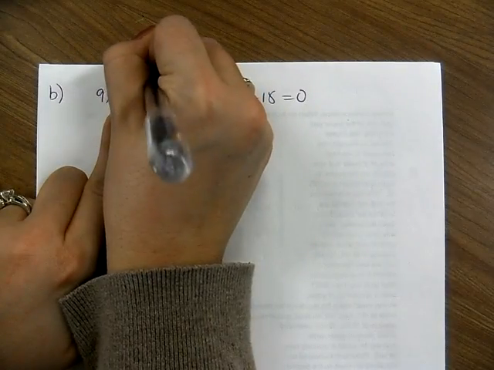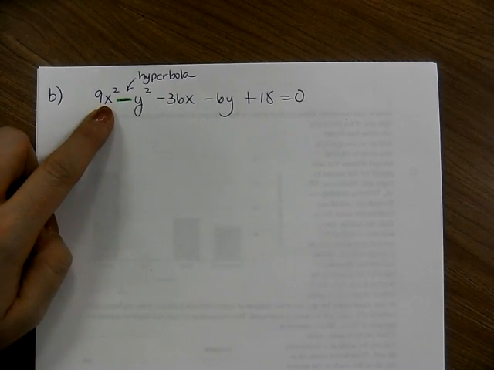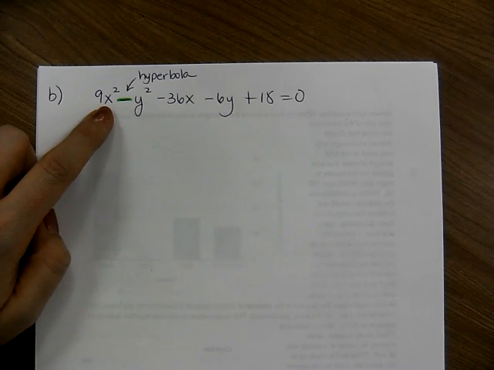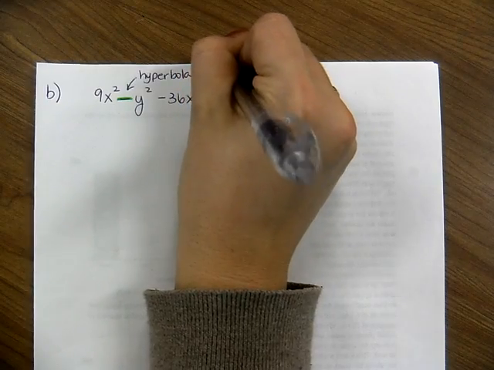It's also telling you which direction it's going. If the x squared term is positive, doesn't that make this horizontal? So right now you know this is a horizontal hyperbola and you've really done nothing else. All I've done is look at the equation. So let's make a note of that.